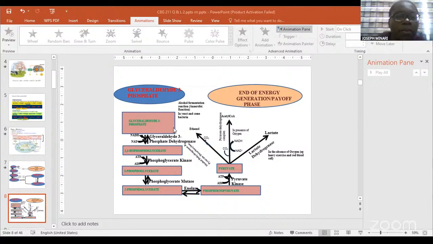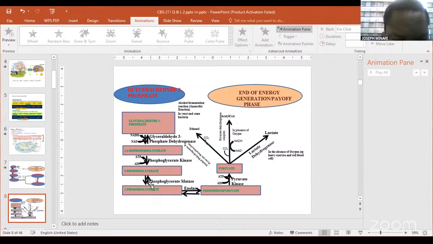Okay, so looking at that, from glyceraldehyde 3-phosphate to 1,3-bisphosphoglycerate to 3-phosphoglycerate to 2-phosphoglycerate to phosphoenolpyruvate and pyruvate. The enzyme from glyceraldehyde 3-phosphate to 1,3-bisphosphoglycerate is glyceraldehyde 3-phosphate dehydrogenase. For 1,3-bisphosphoglycerate it is phosphoglycerate kinase.